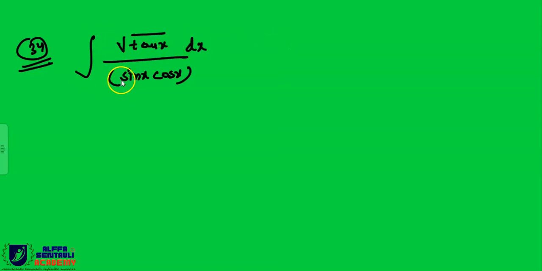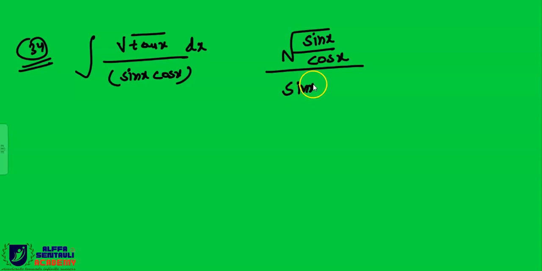First guess is to write sin x by cos x. Tan x can be written like this, right, beta? And this sin x into cos x will be written as it is, dx. Got it? Yes.